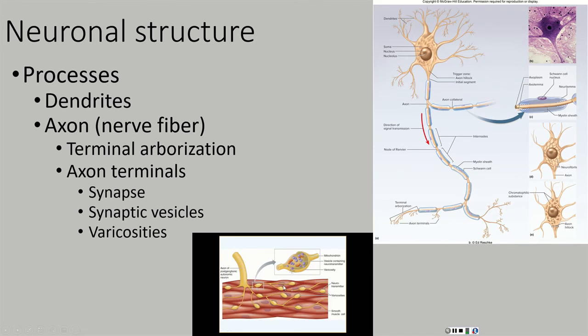So as it branches, we have these swollen spots all along the length of those branches instead of just at the end of them. They're still going to be full of neurotransmitters inside synaptic vesicles. It's just the structure is a little bit different. But really what we're going to be focusing on are these neurons like we see up here in the top right.